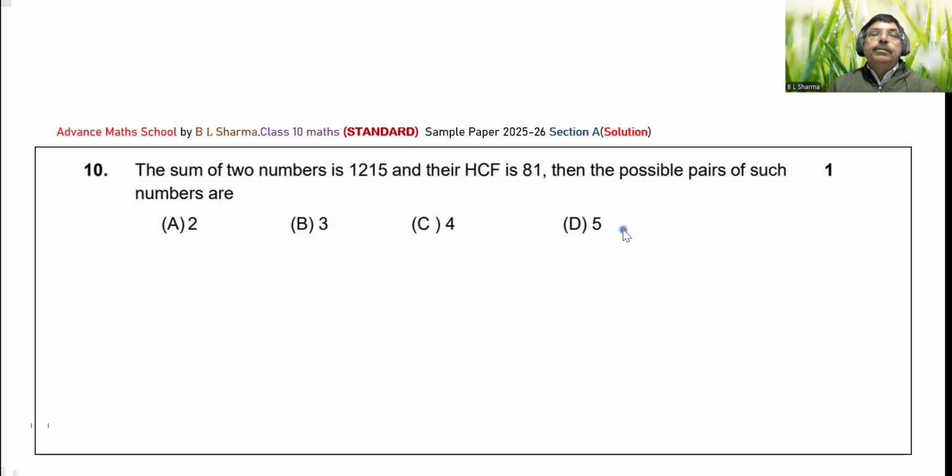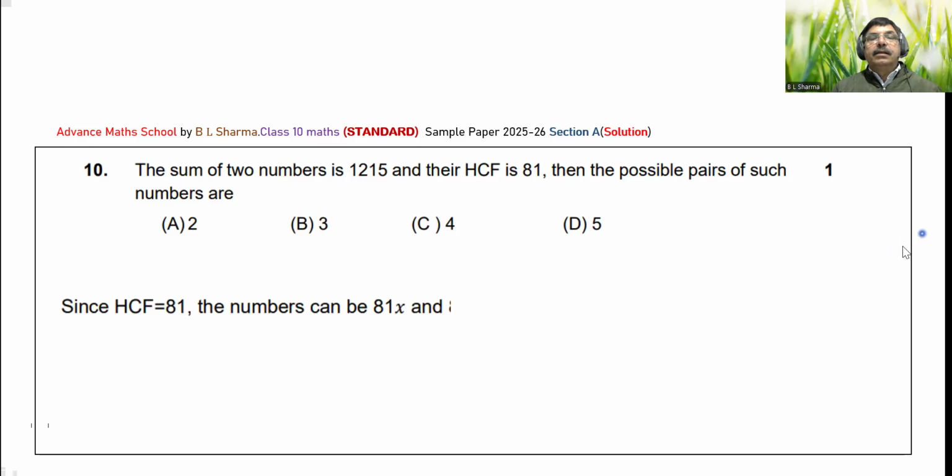The sum of two numbers is 1215 and their HCF is 81. Then the possible pair of such numbers are? यहाँ पे ये बहुत ही concept based question है, बहुत simple question है. HCF is the highest common factor, means 81 तो smallest number होगा. जो भी number होंगे वो HCF के multiple की form में होते हैं. So let the two numbers be 81x and 81y.